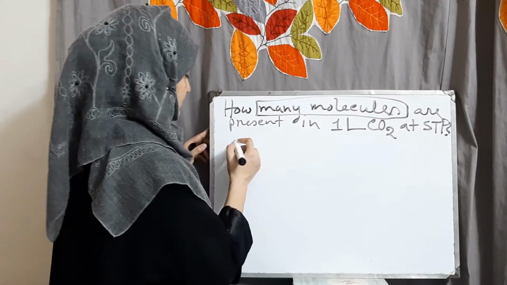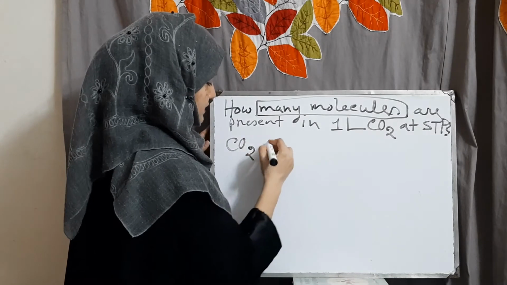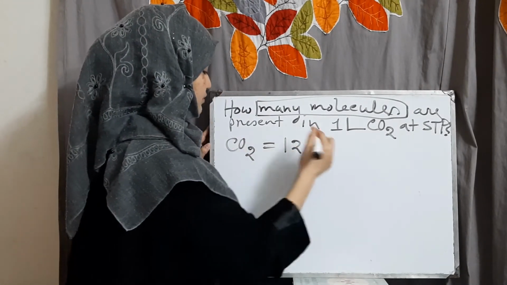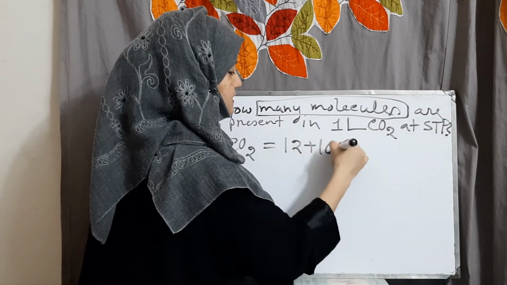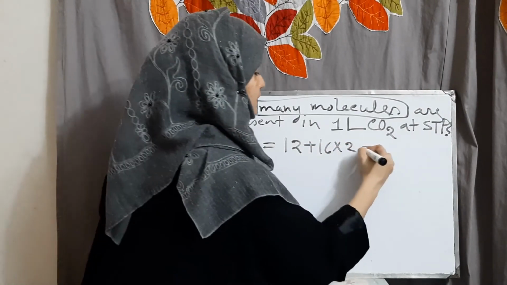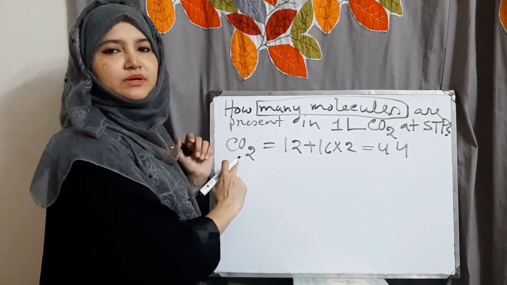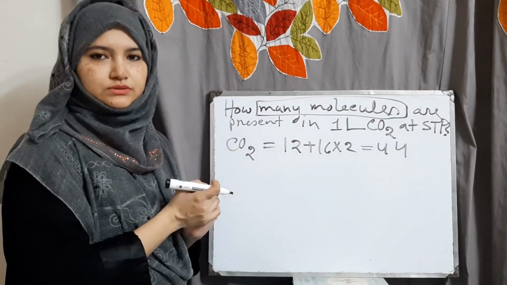The molecular mass of carbon dioxide: the atomic mass of carbon is 12, oxygen 16 multiplied by 2, is equal to 44. This 44 is the molecular mass of the carbon dioxide molecule.